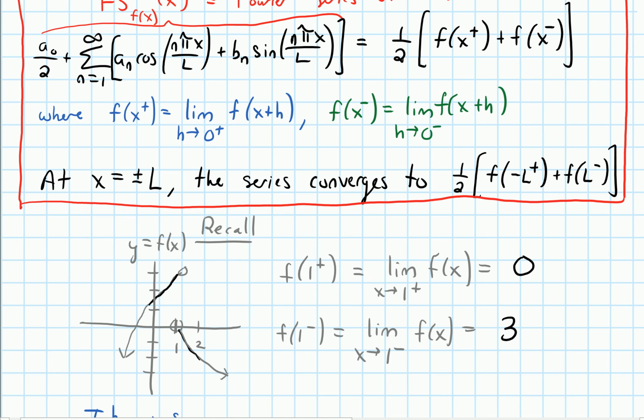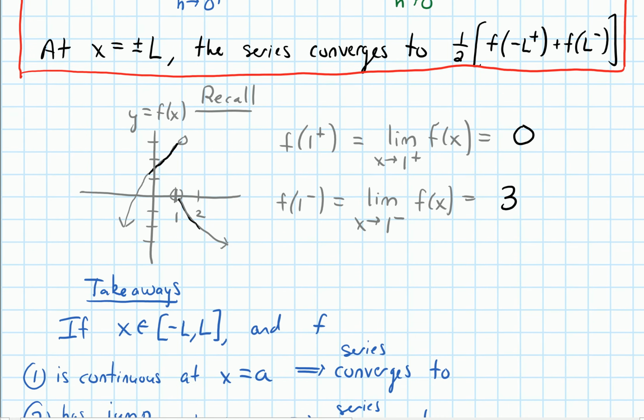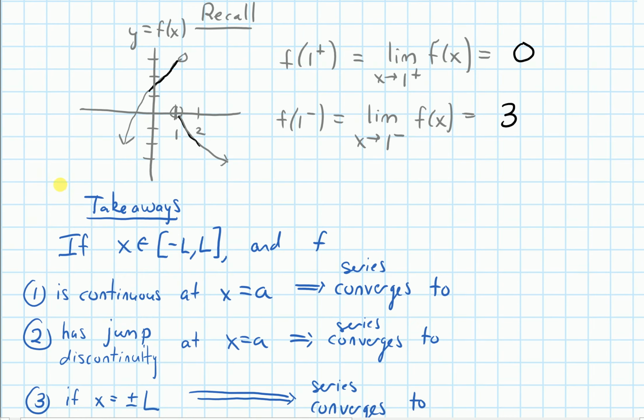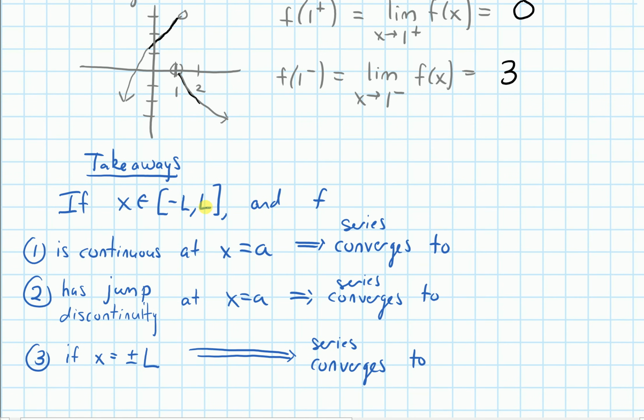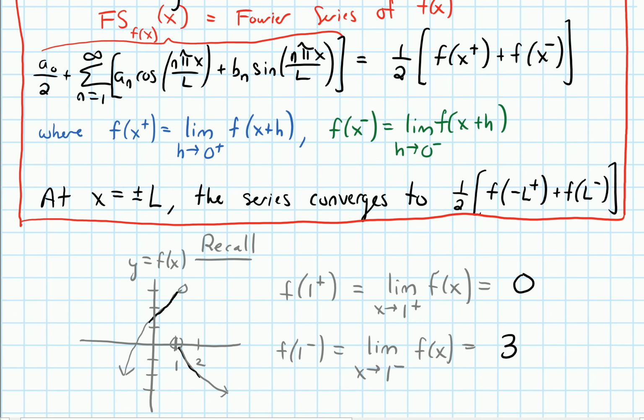All right, so what are the key takeaways from this? So if x is an element of our closed interval from negative L to positive L, I'm going to summarize what f will converge to depending on what the function looks like. So if our function f is continuous at x equals a, then it'll turn out that these one-sided limits are the same.